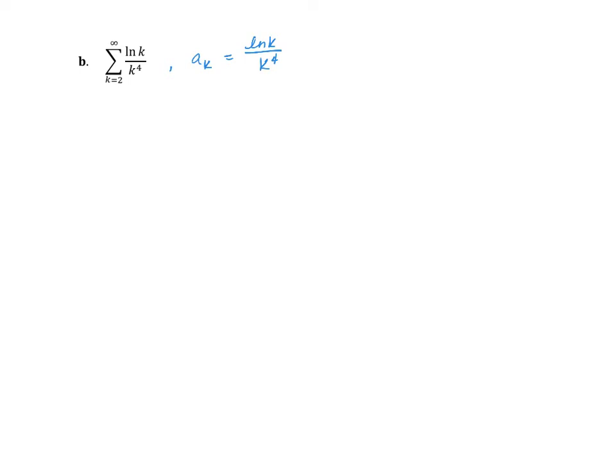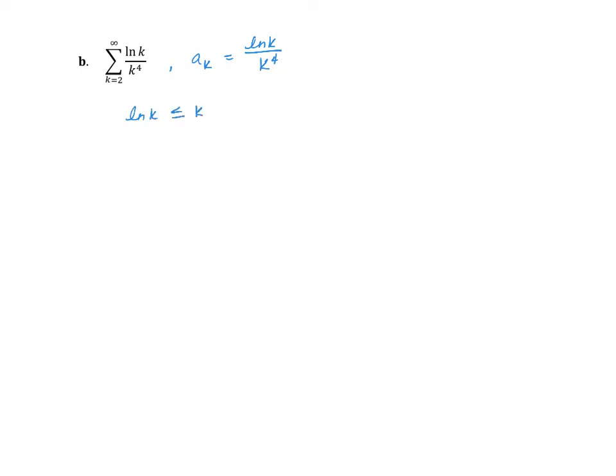So now I have to look at the natural log of k and the k to the fourth, and try to think of something to compare it to that probably converges. It's the k to the fourth that I'm looking at, because that looks like a p series. Think of 1 over k to the fourth. That would converge. However, showing which one is smaller and which one is larger is going to be really difficult. So instead of starting out by choosing my b sub k, I'm just going to look at natural log of k.